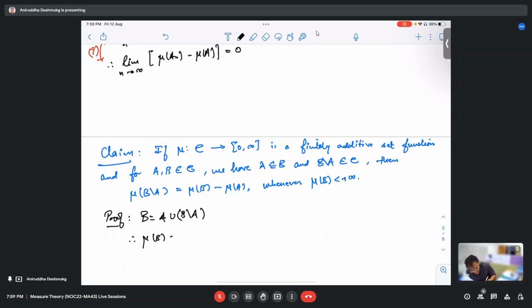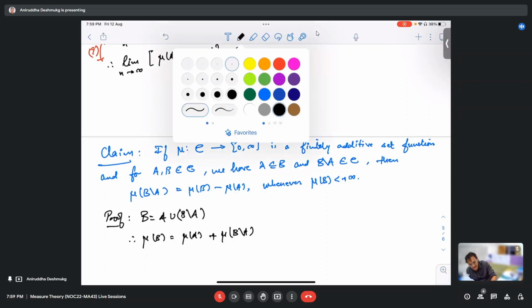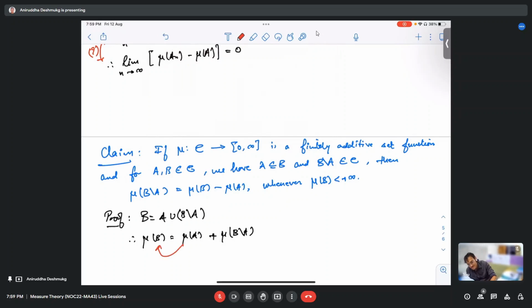Therefore, mu B is mu A plus mu of B difference A. And since finitely additive set functions are monotone and mu B is finite, mu A is finite and mu B difference A is finite. I can take this to the left hand side, and then the claim is true.